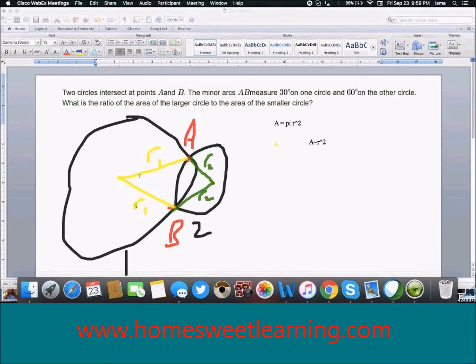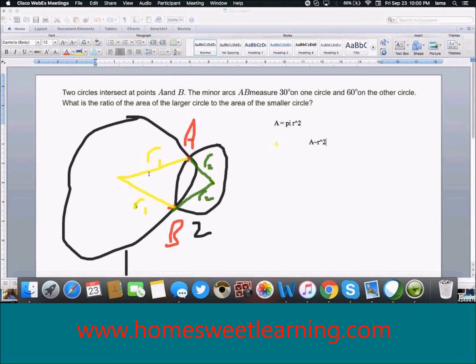So we know that one of them has an inner angle right here of 30 degrees and one of 60 degrees. We need to figure out which one. And from the drawing, we can see that the larger circle is going to need the smaller angle.